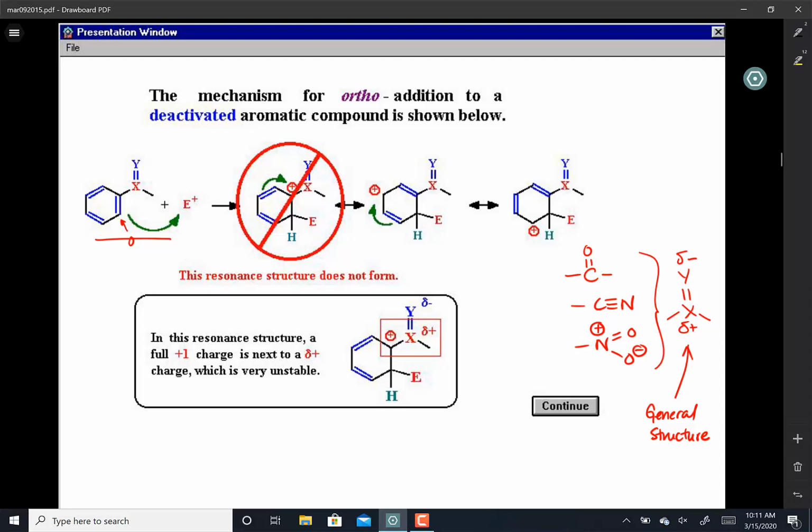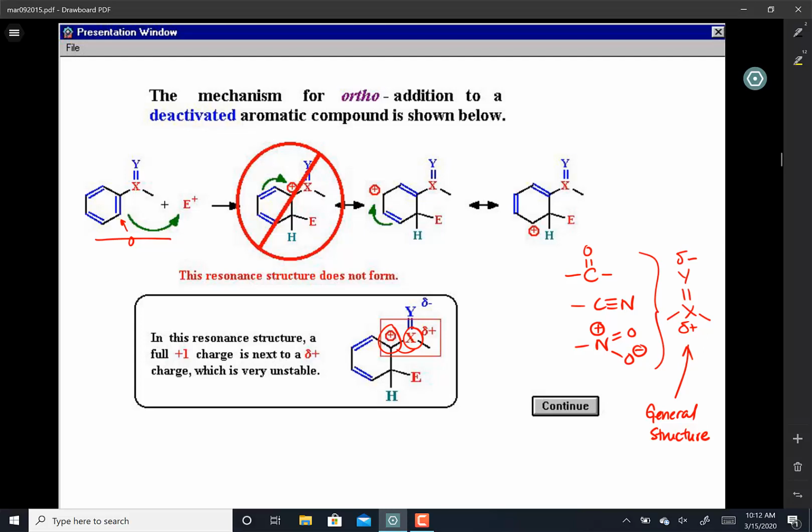Well, in this case, because that positive charge is next to a delta positive charge on the C double bond O or C triple bond N, or even a full-blown positive charge on the nitrogen, which is really bad, what I have is a plus charge next to a delta plus charge. And so that's going to make that structure unstable. That resonance structure is going to be unstable, and as you can see, I drew a big red slash through it, meaning that it's not going to form.